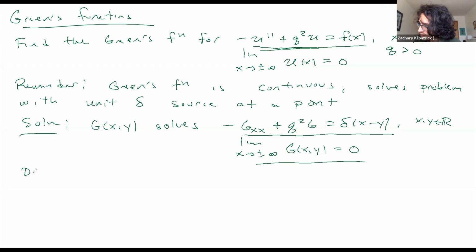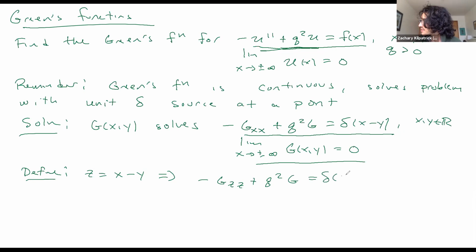So we're going to start by defining just a change of variables, z equals x minus y. In this case, the differential operator is still going to look the same, but now we're going to rid ourselves of any involvement of multiple variables.